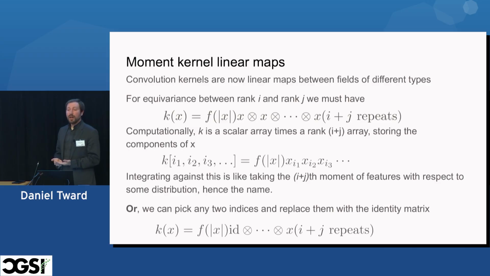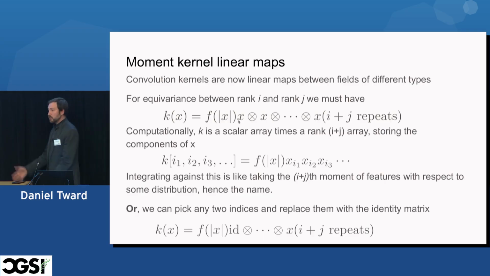Now we need some kind of a linear map, which is a map from these geometric features to another set of geometric features. It's going to be something like a convolution, but we'll put constraints on our convolution kernels. So the constraints that we derived in our recent work lead to kernels of this form. K of x equals some function that depends only on the magnitude of x, and we will have to learn the parameters of that function.